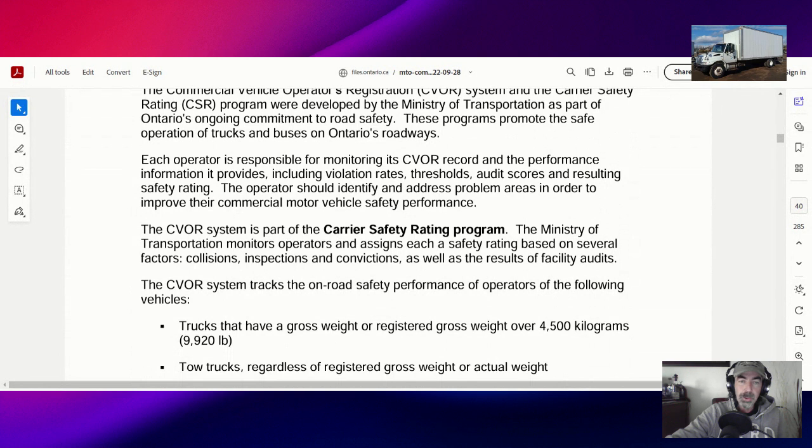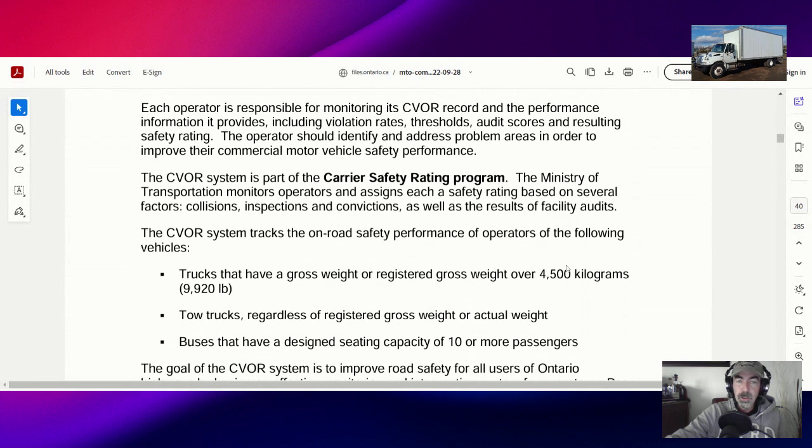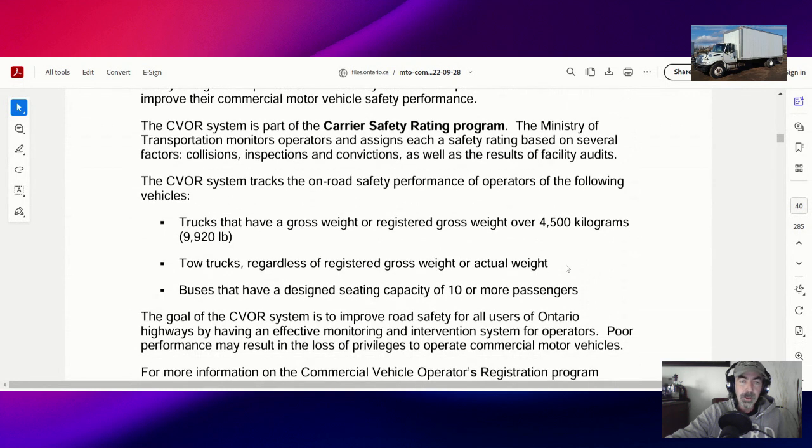Each operator is responsible for monitoring its CVOR record and the performance information it provides, including violation rates, thresholds, audit scores, and resulting safety rating. The operator should identify and address problem areas in order to improve their commercial motor vehicle safety performance.